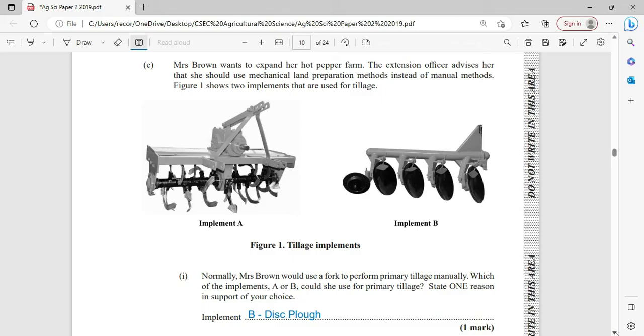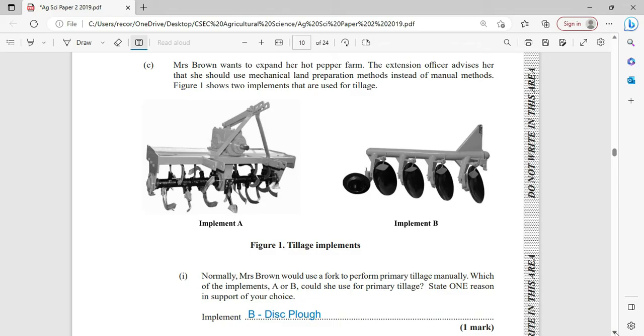A seems to be a rotavator and B a disc plow, which is really used in primary tillage. Normally, Mrs. Brown would use a fork to perform primary tillage manually.